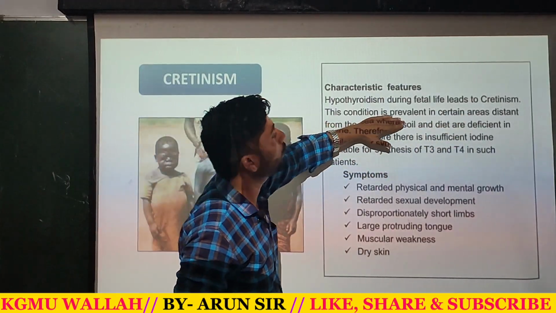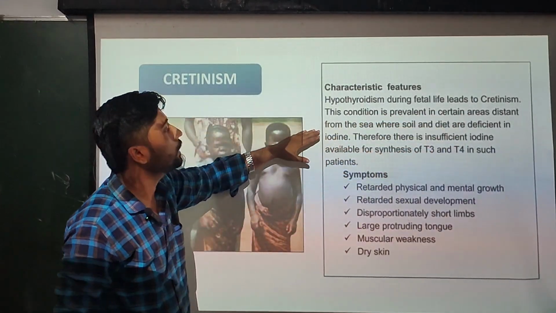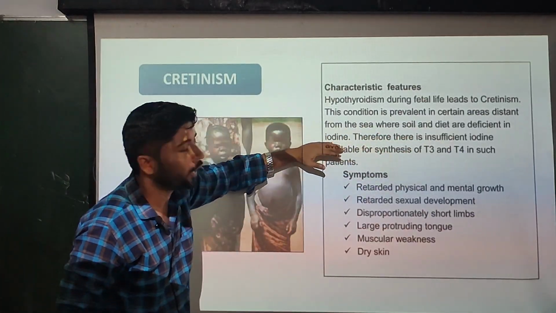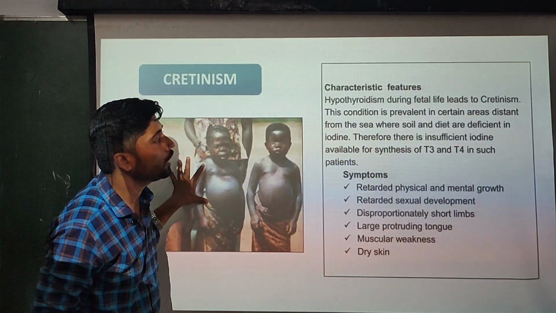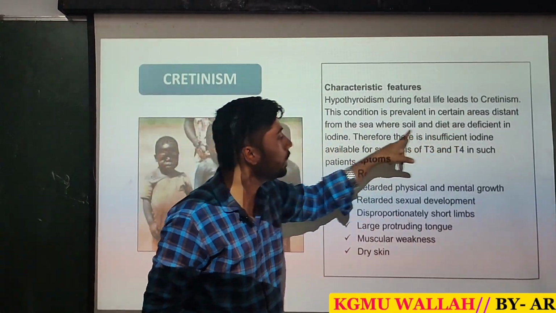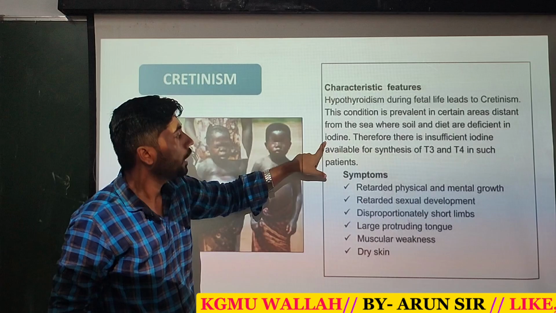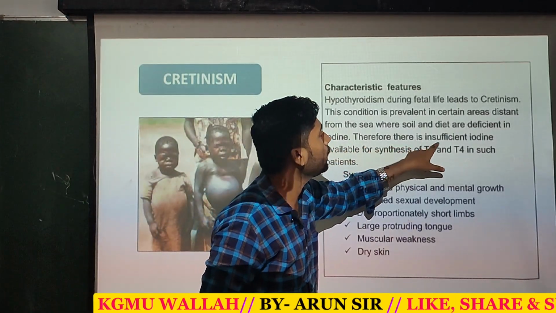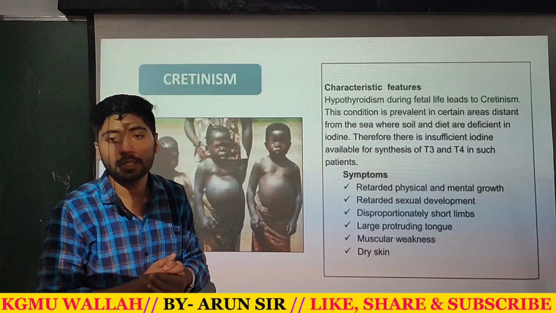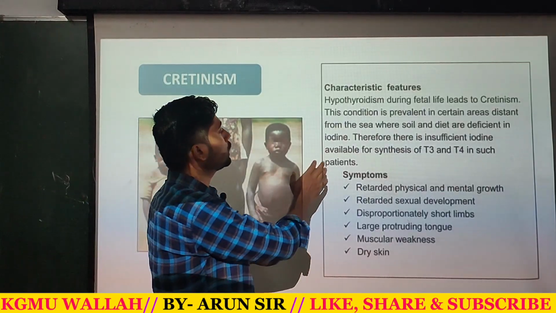This condition is prevalent in certain areas distant from the sea where the soil and diet are deficient in iodine. Clear? And therefore there is insufficient iodine available for the synthesis of T3 and T4 in such patients.